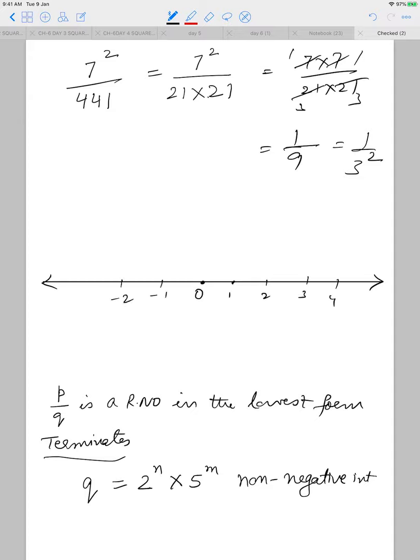On the left side I have all negative numbers. The positive numbers start from the right side of 0, excluding 0, because 0 is neither positive nor negative. 0 is a neutral number, so we will not take it under the category of positive or negative numbers.